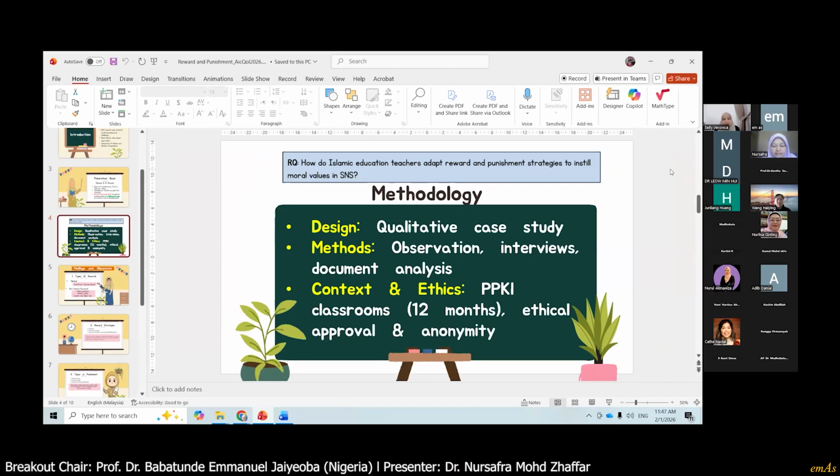Actually, the observation in the classroom focused on how the teachers use reward and punishment with the students.